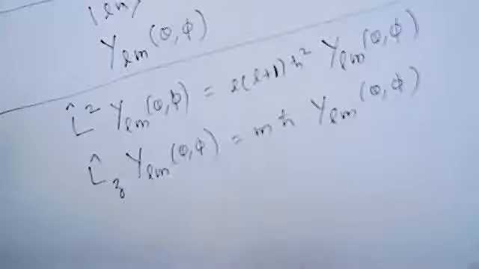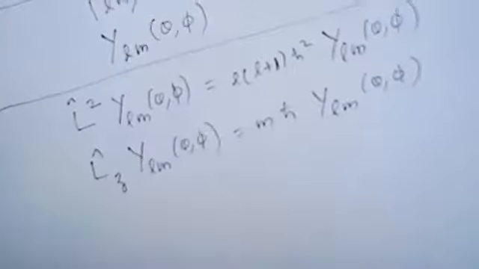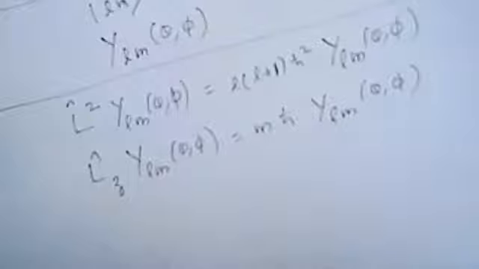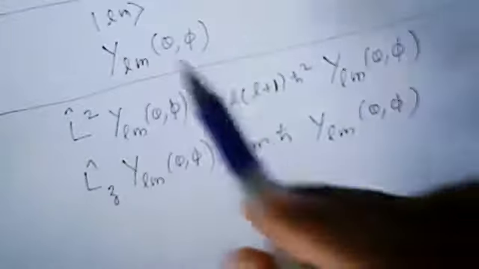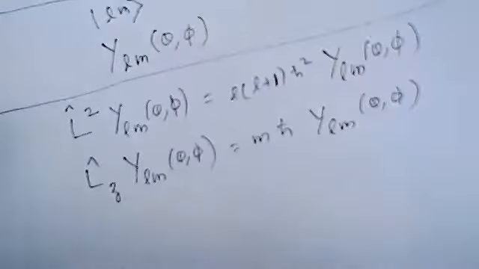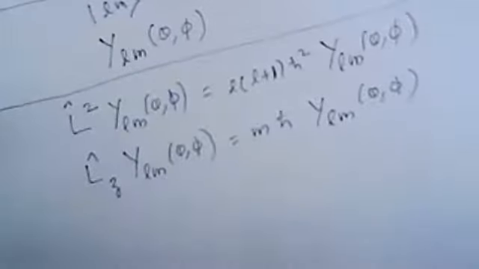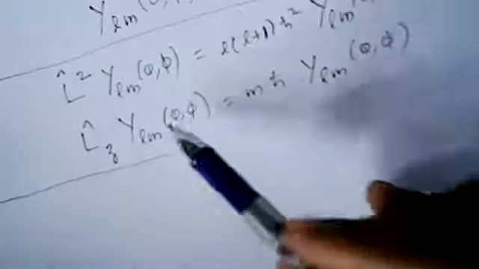These are the two eigenvalue equations of L square and LZ in the new notation, using Y_lm theta phi instead of ket LM. Now let us first find some properties of this Y_lm and find the exact expression for Y_lm theta phi.